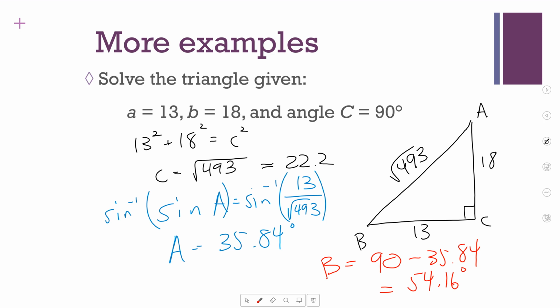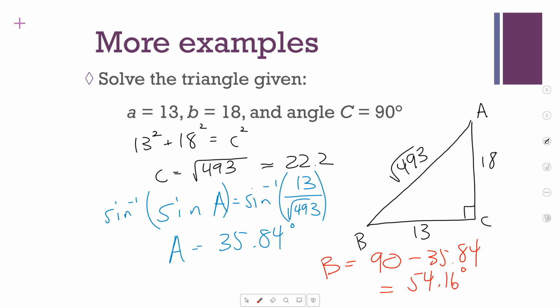Okay, done. A lot of options. Once you find side C, again, 6 different possibilities to proceed through the problem. All of them will get you the same answers. It's just a matter of which one you're most efficient with, or which one you recognize. Like if you don't remember whether tangent is opposite over adjacent or adjacent over opposite, and you're not sure, then use a different trig function.